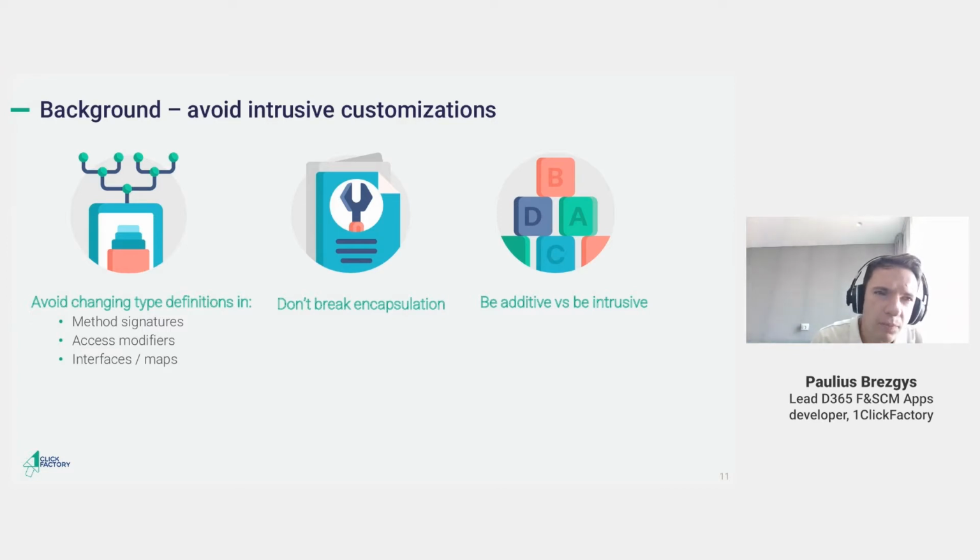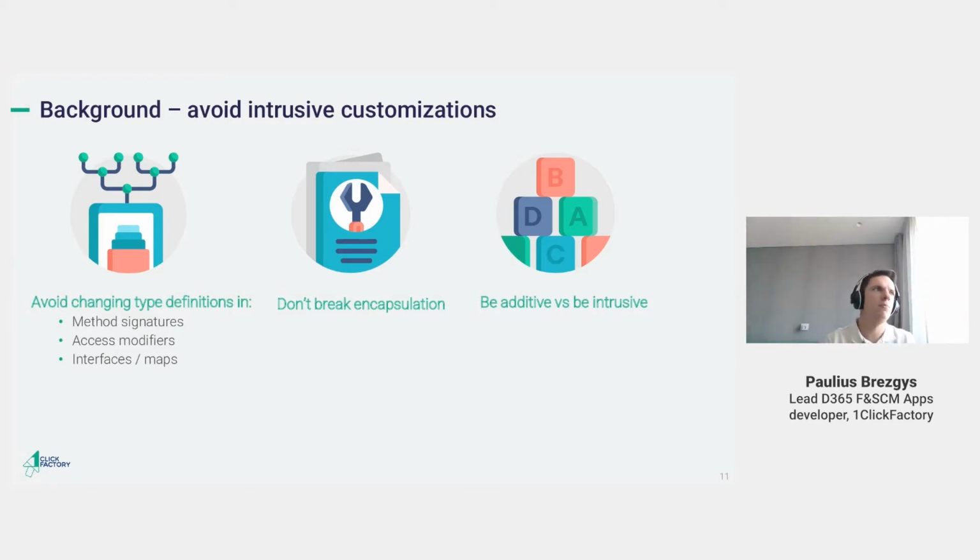So how can you build your code to be as friendly to Dynamics 365 as possible? First of all, the general rule is to avoid intrusive customizations. What are these intrusive customizations, you might ask? Intrusive customizations are generally changing type definitions in multiple places. The first and most common example is changing types in method signatures in X++ code, and changing access modifiers.